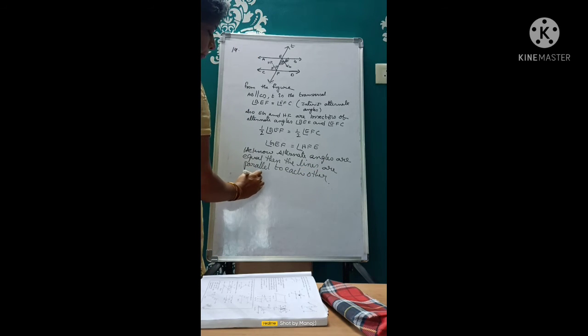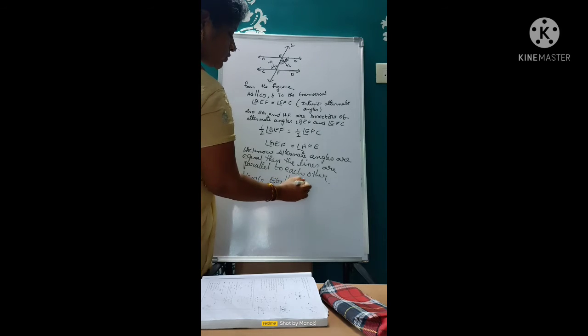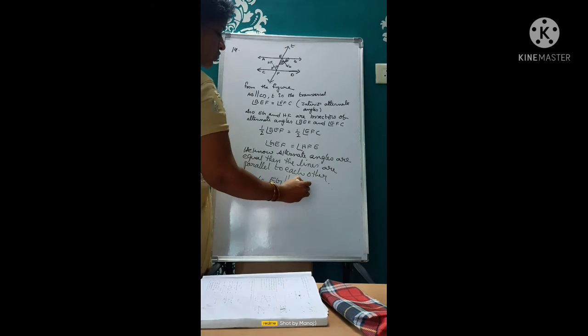Hence, one line is EG, another is FH. So EG is parallel to FH, or HF.